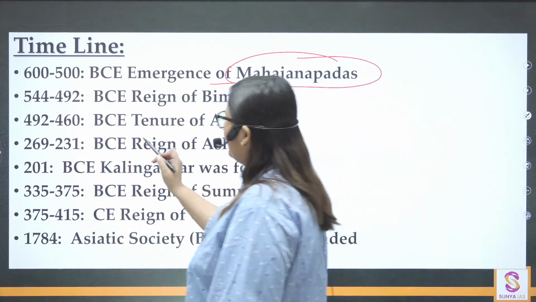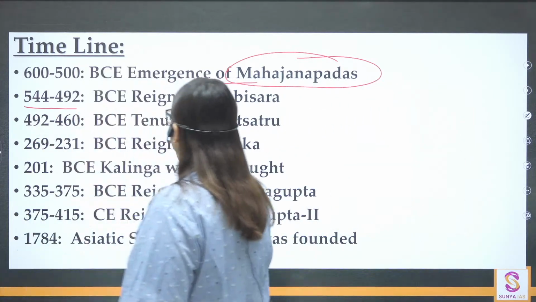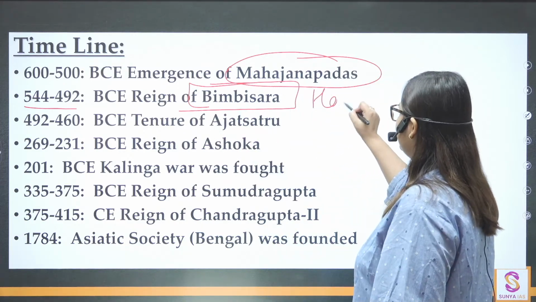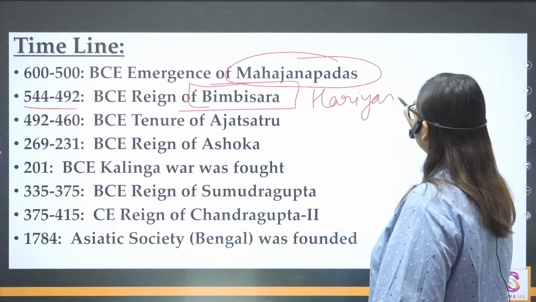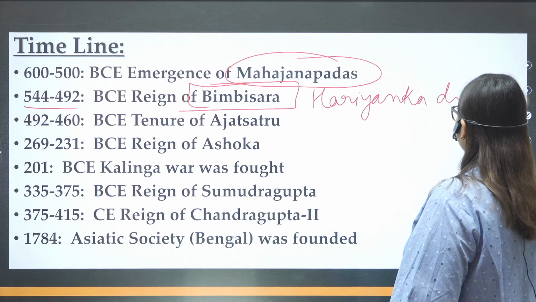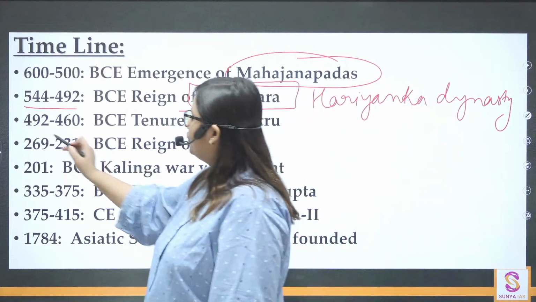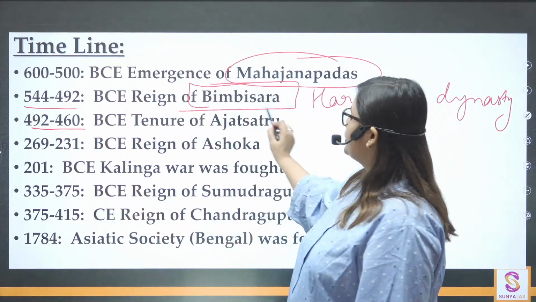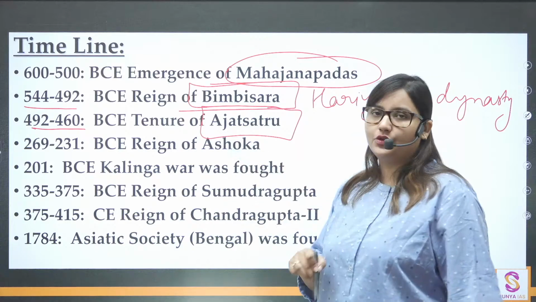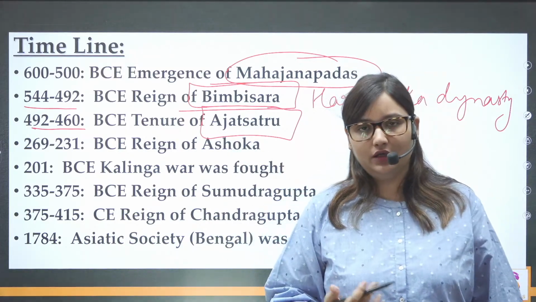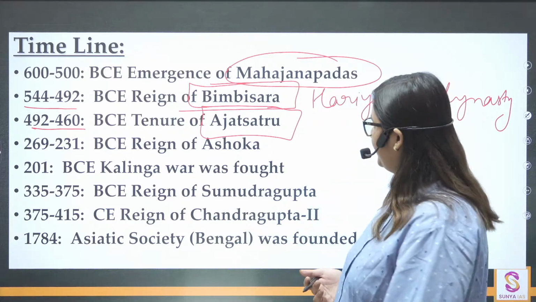Then from 544 to 492 BC, the reign of Bimbisar was there, Bimbisar of the Haryanka dynasty. Then from 492 to 460 BC, the Ajatshatru tenure was there. Ajatshatru was the son of Bimbisar and it is said that he killed his father Bimbisar to get the throne.